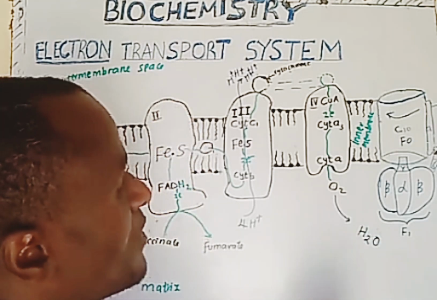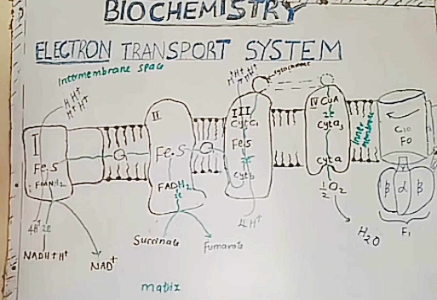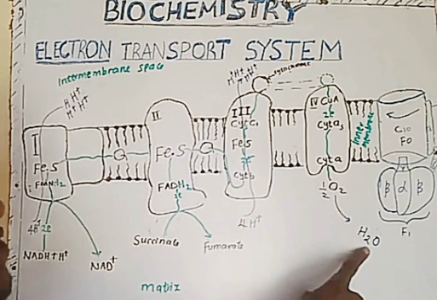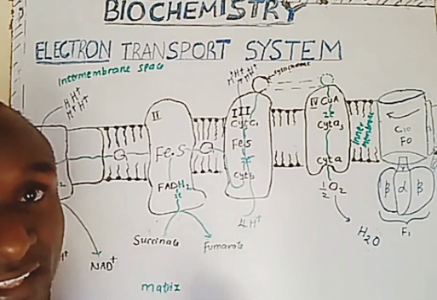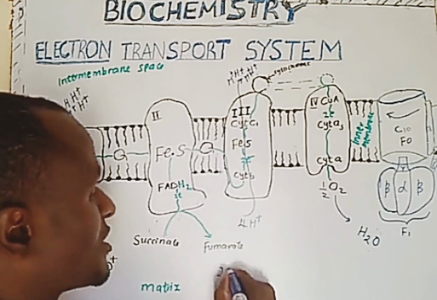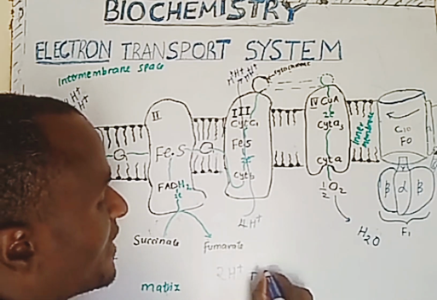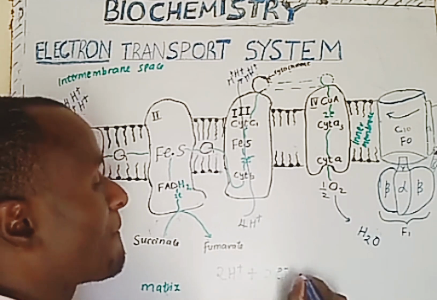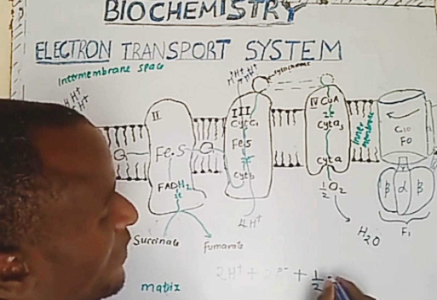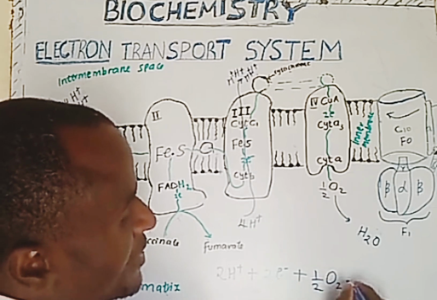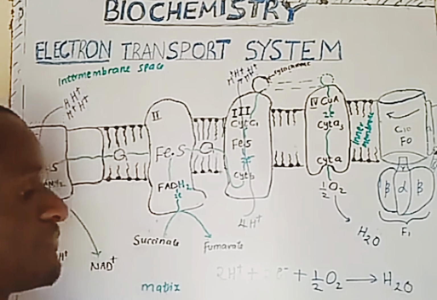In this case, we are going to react it with half an oxygen molecule. We know that a single water molecule has 1 oxygen atom. That implies that 2 protons react with half an oxygen molecule to yield a single water molecule.